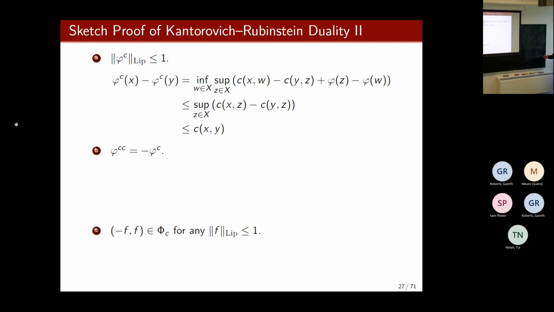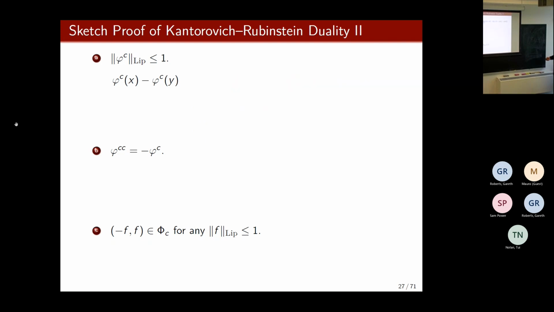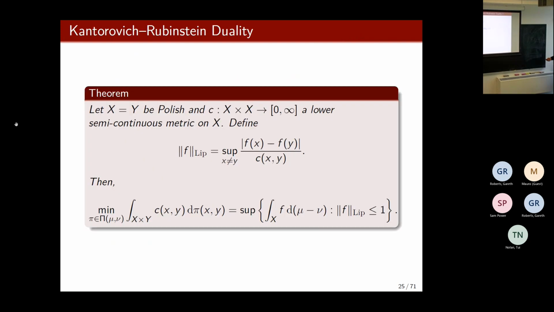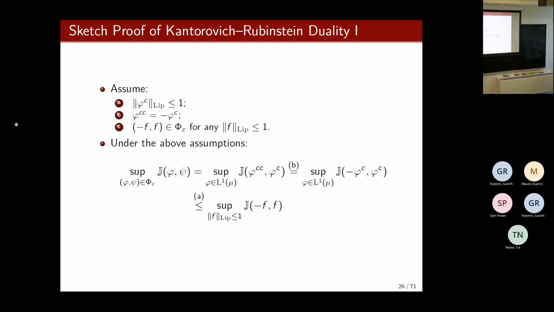And then this is going to be less than or equal to c of x y. Why is that? I think I must have assumed that c is a metric. Let's check. Yeah, c here is a metric.